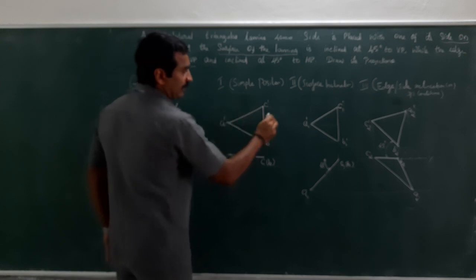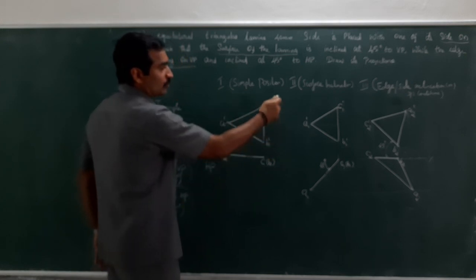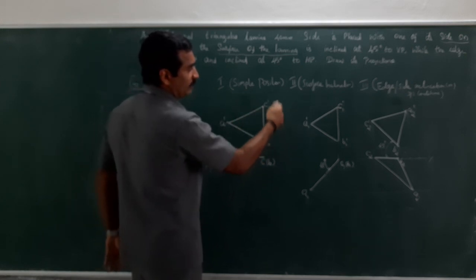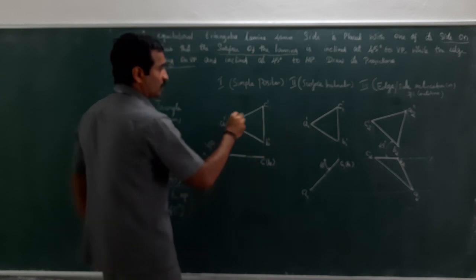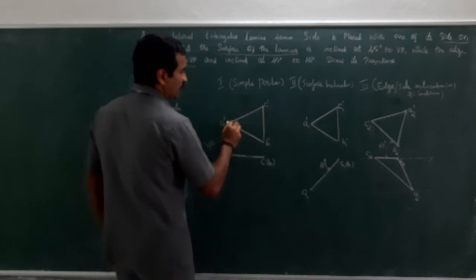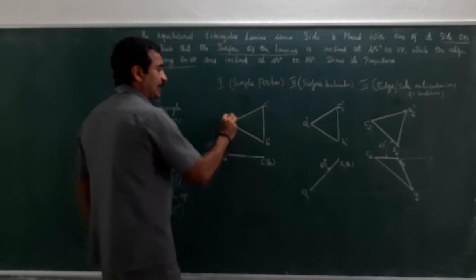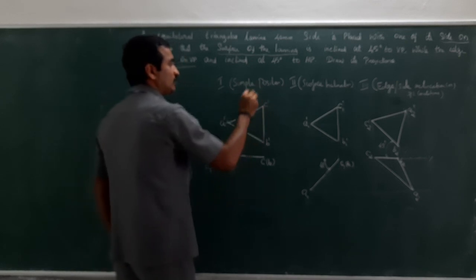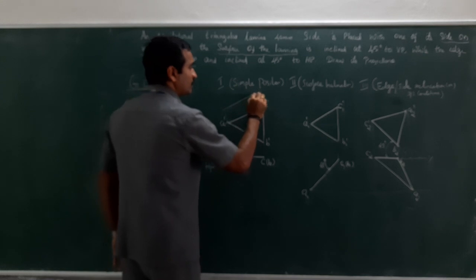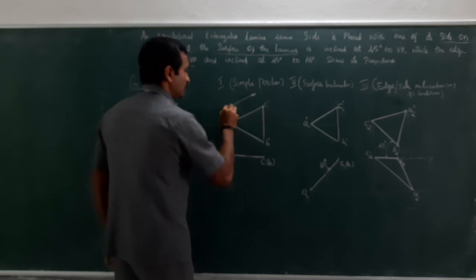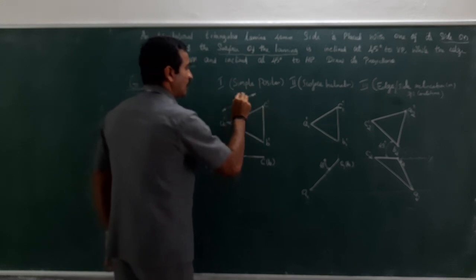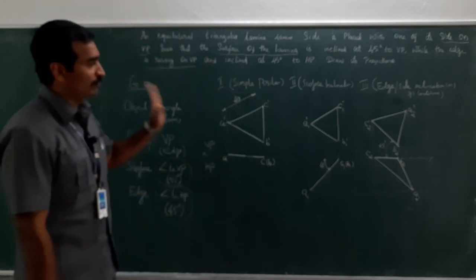Either you can do it here, but if I do so, it will overlap the construction lines. So, I am going to give the dimension here. Draw a perpendicular line to this. So, this is the dimension of the equilateral triangle, 40.